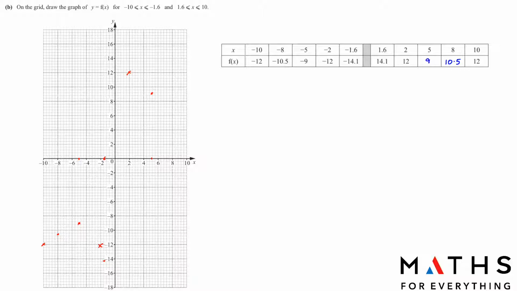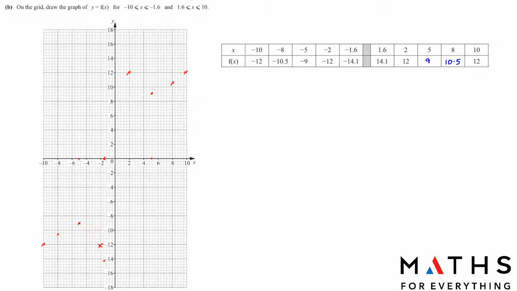It's similarly the same way what you plotted this side, but now we are doing with the positive points. So when x is 8, 10.5. Sorry, it will be a little above that. And when x is 10, 12.